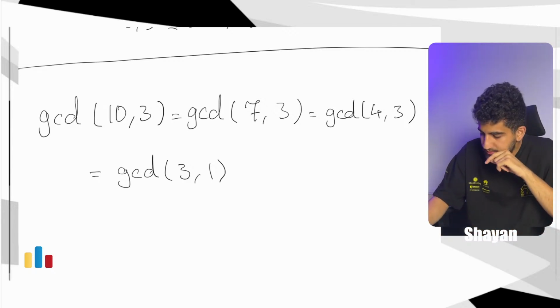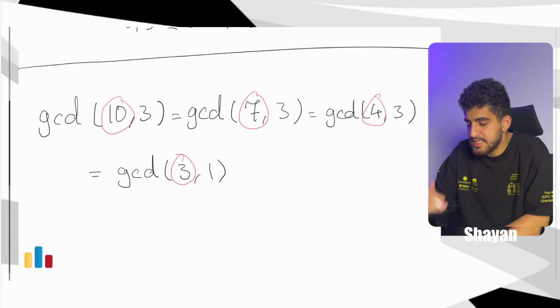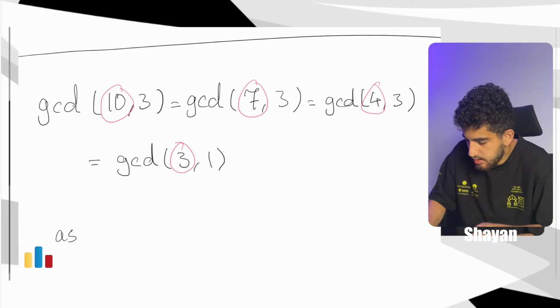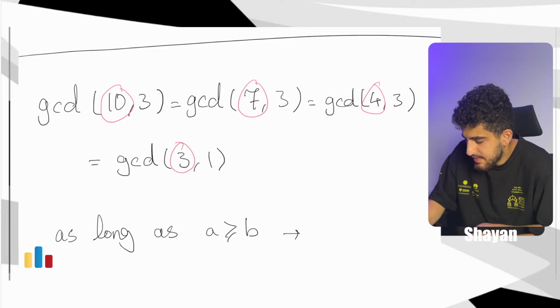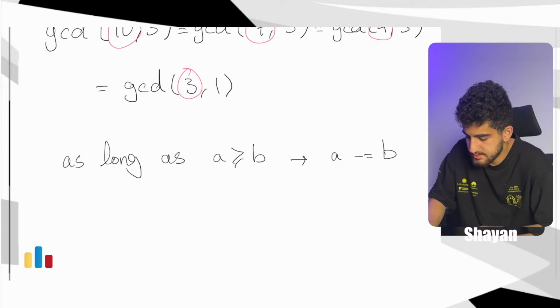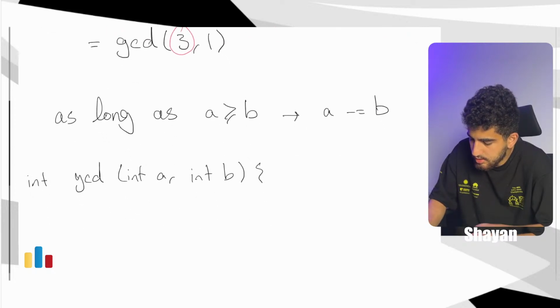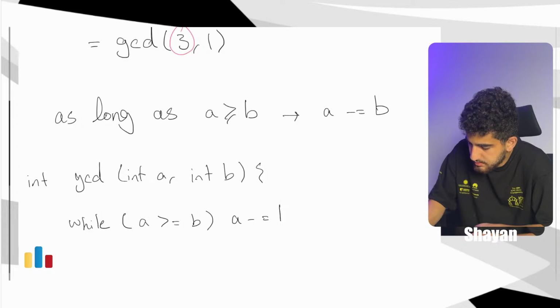So we can apply it many times, as long as A is greater than or equal to B. So we can define a function int GCD(int a, int b), and say that while A is greater than or equal to B, A minus equal to B.